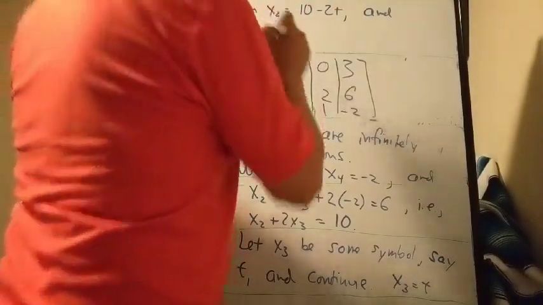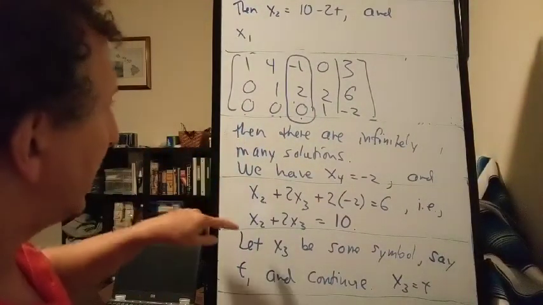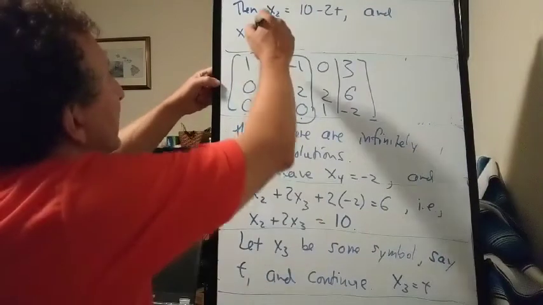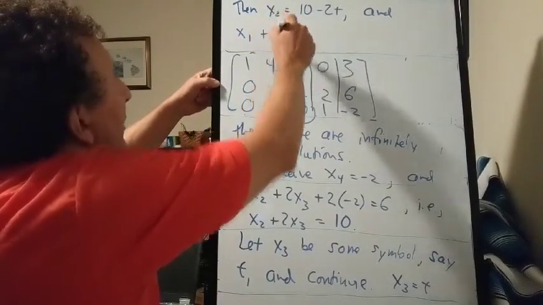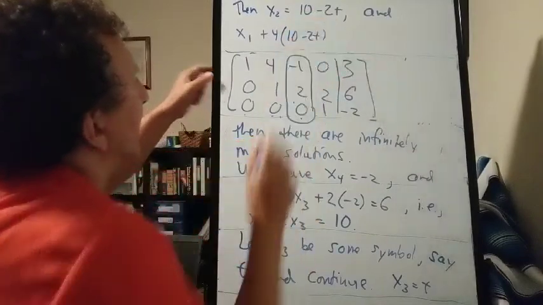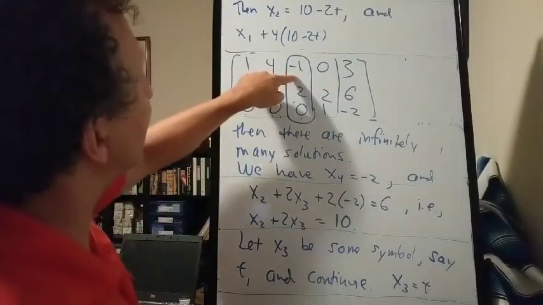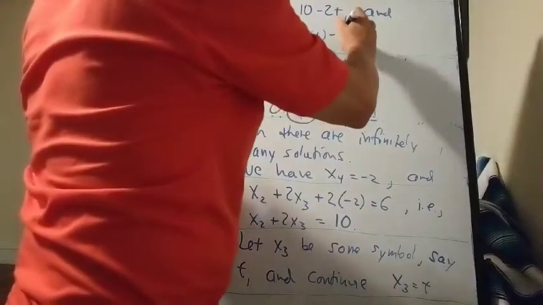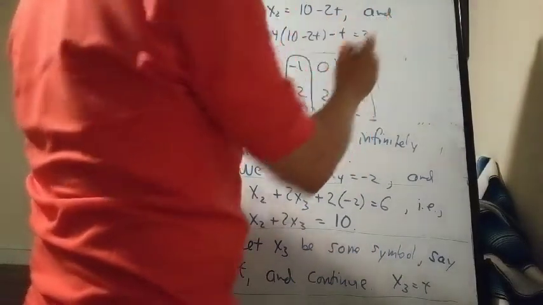And x1, the first equation says x1 plus 4x2. So x1 plus 4 times x2, which is 10 minus 2t, minus t, because x3 we're saying is t, equals 3.